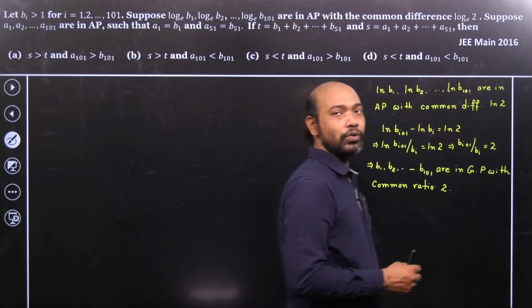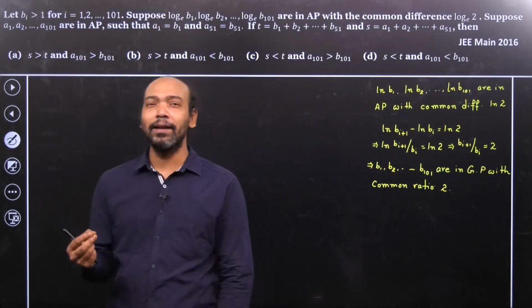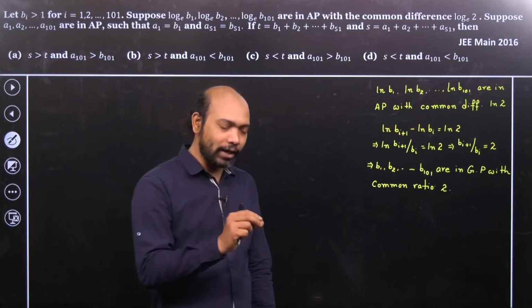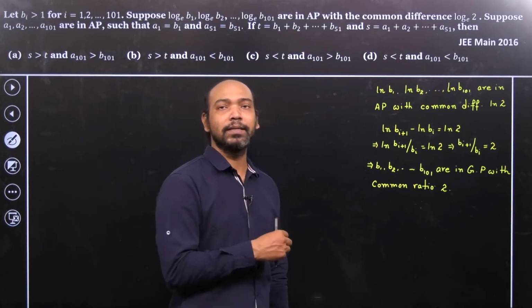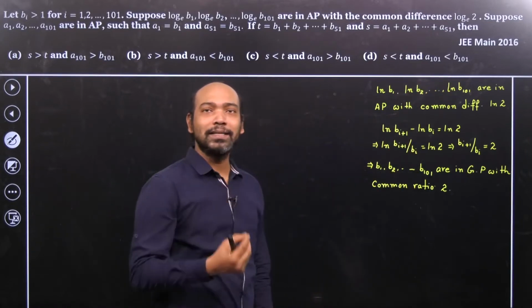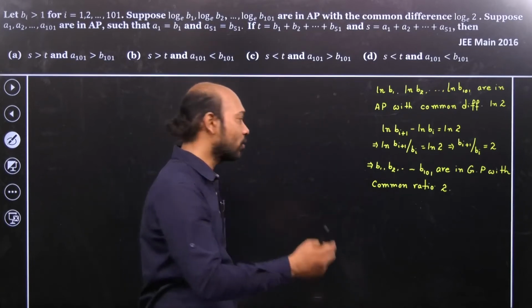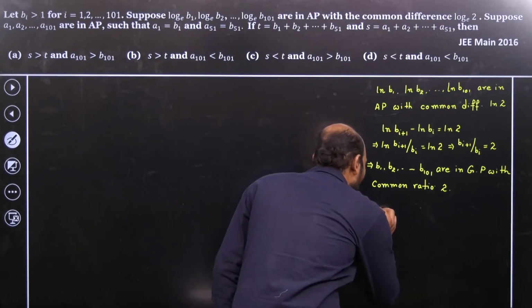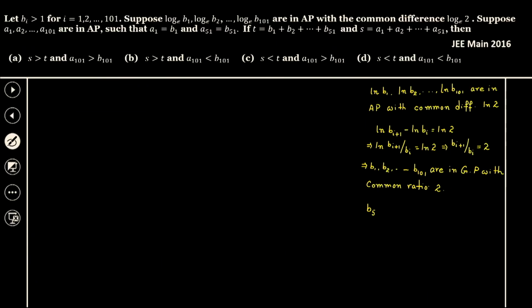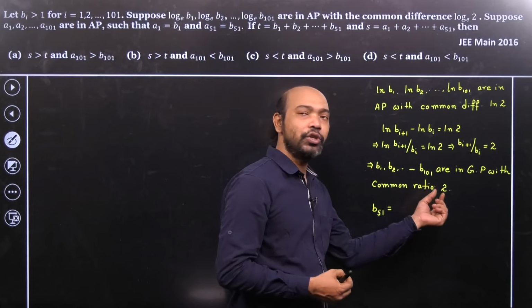Now it says that we are also required to find a few important terms in this series, right? What's that? You see that we need to compare the 101st term and the 51st term, right? So let's go ahead. Let's calculate the 51st term, B51. B51 is the 51st term of this GP series with first term B1 and common ratio 2, right?